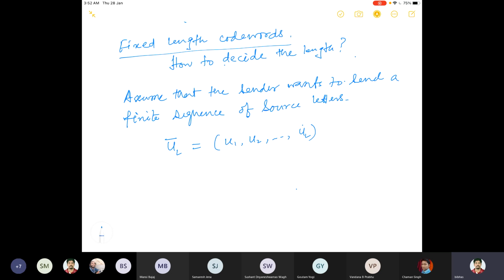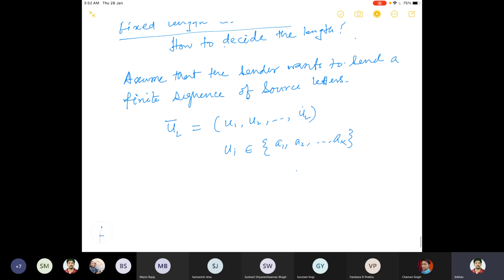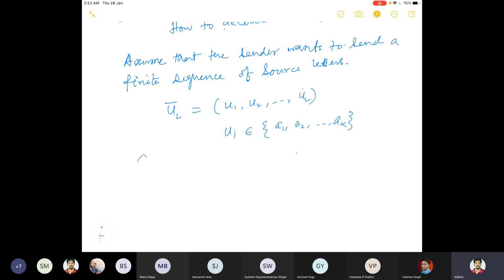Each of these letters, like Ui, is from A1, A2, AK.